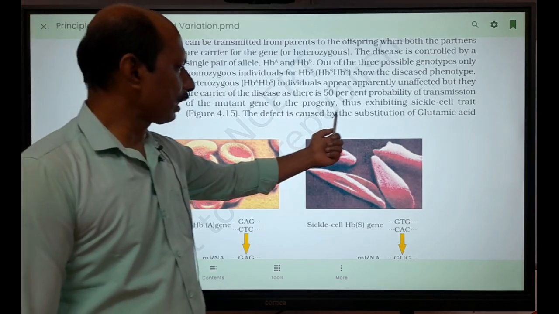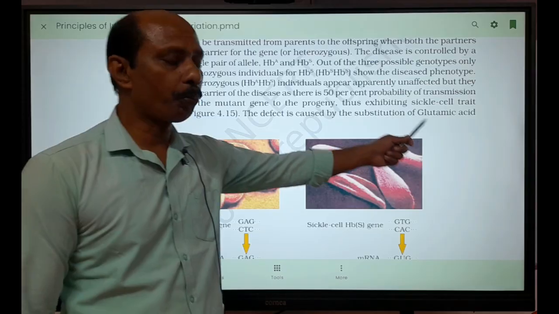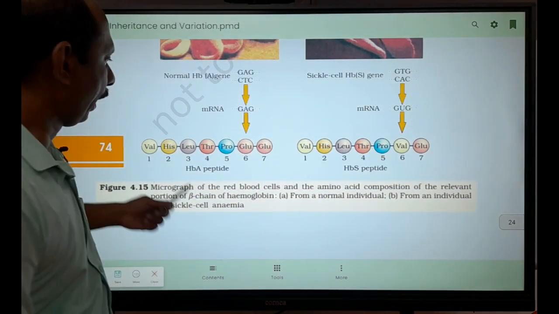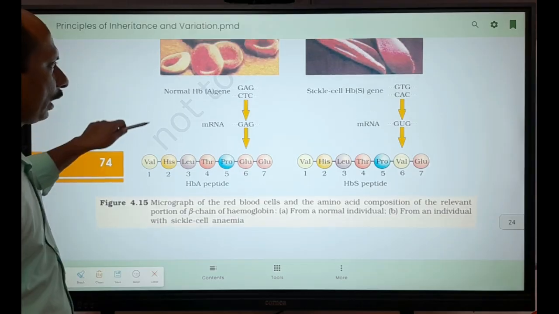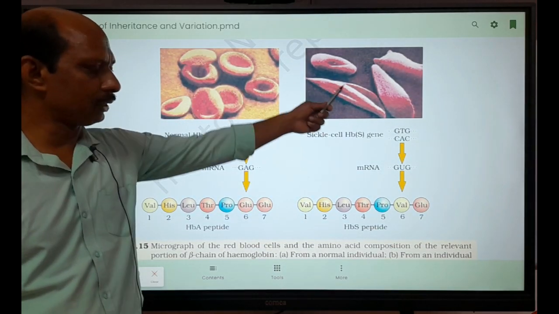The defect is caused by a substitution of glutamic acid by valine. Okay, we will read this one. You understand, here a figure is given. This is the normal cell and this one becomes a sickle cell-like structure.